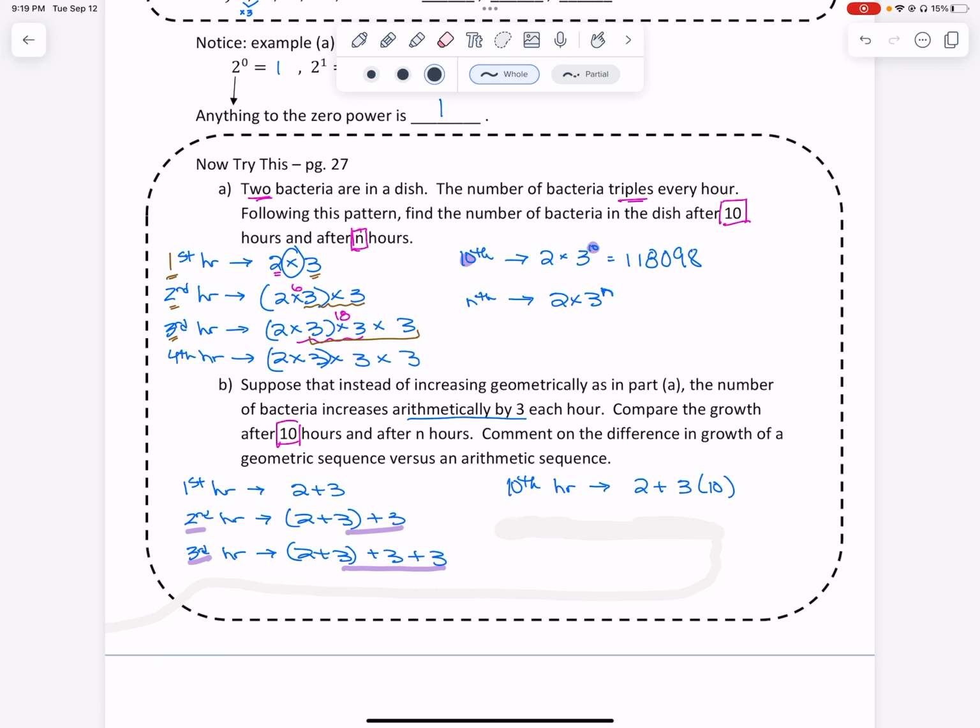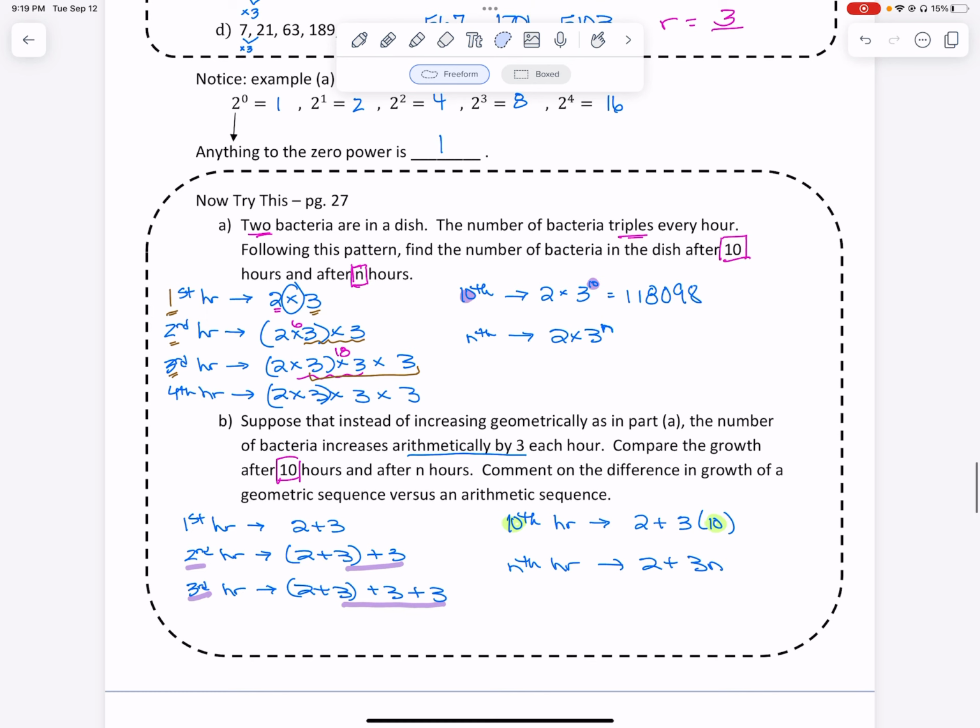If we let that 10 right here turn into our n, in the nth hour, it would be 2 plus 3n. So now, once you know that, I could say, well, how much bacteria is going to be in there after 24 hours? Once you have the formula, you could just plug it in.